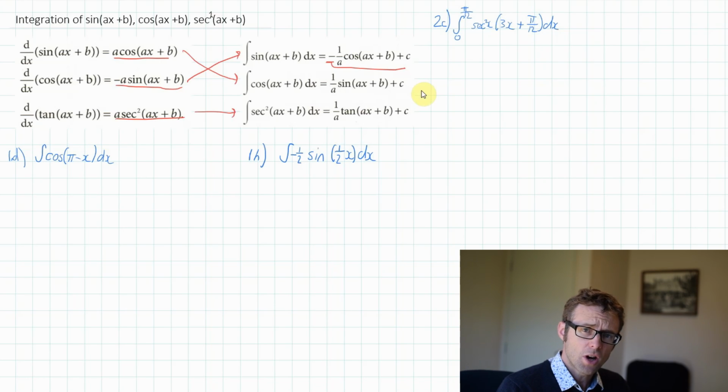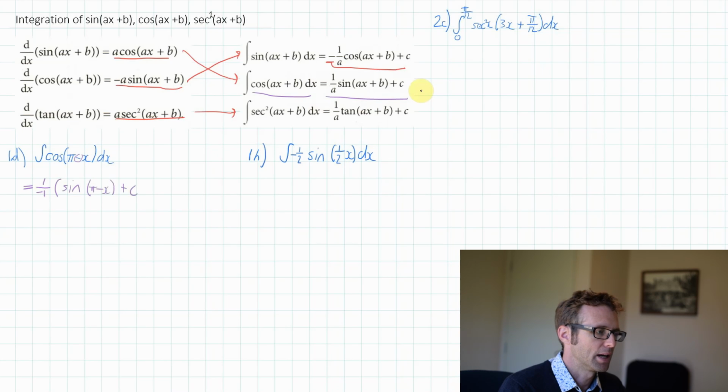Okay, well, let's try a few. We're going to integrate cosine of pi minus x. First I'm going to look at my rule here. If I'm integrating a cosine function, I need to go 1 over a. So a in this case is my minus 1, the coefficient of x. Minus 1, which of course 1 over minus 1 is minus 1, times sine of pi minus x, plus c.